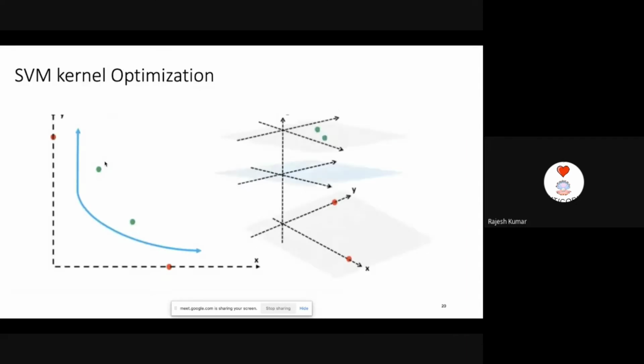Now when the data is given to us, assume simple data: green and red dots. If we are asked to draw a separating line dividing the green and red, it is difficult, isn't it?